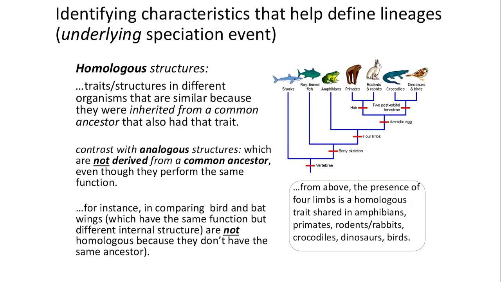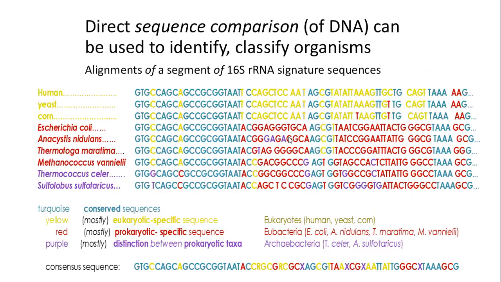They both developed the wings separately from each other, so they wouldn't have a common ancestor that had the same kind of wings, because they both have different kinds of wings, okay? So that's analogous structures.